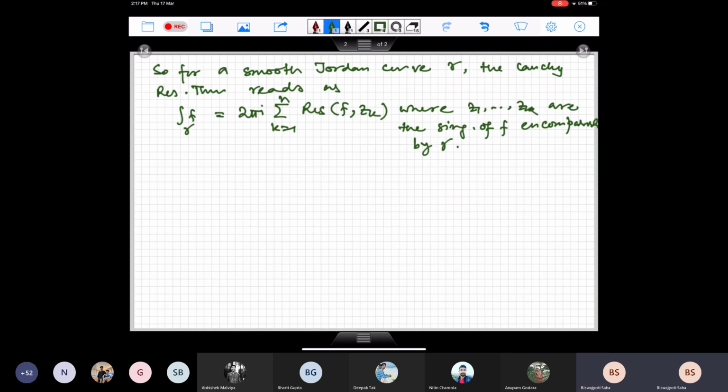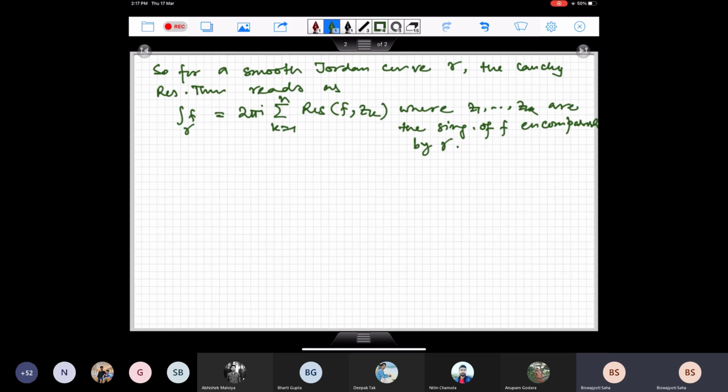Now that we have this, this is one of the very simple cases of the Cauchy residue theorem, and often you will see that one uses the Cauchy residue theorem in this form. Of course, here you need to know that your curve is a Jordan curve, or non-self-intersecting, and all that.